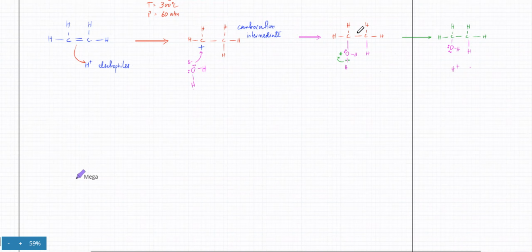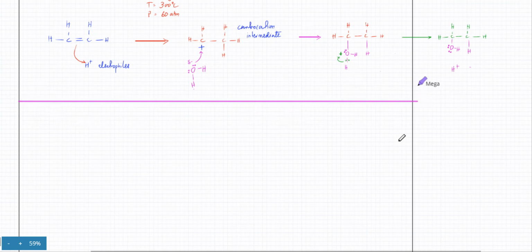Ethanol is getting formed in the end, right? I don't think intermediates usually have names. This is generally called a carbocation. I'll check, but usually they don't have any names because that's not a functional group. Do you get my point? Yes.